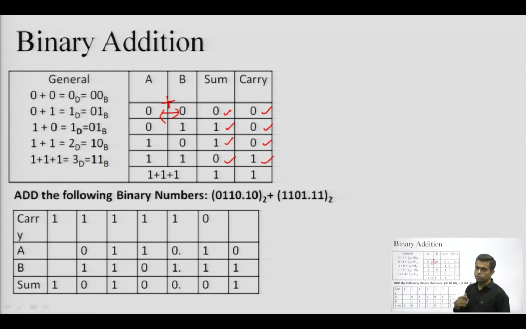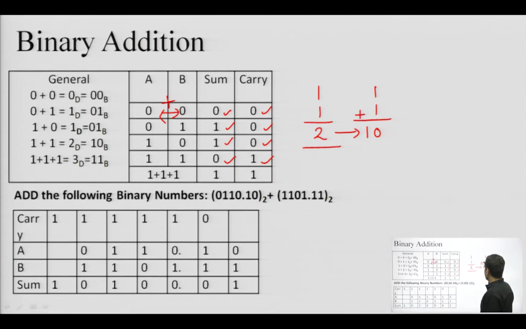Now, how is the sum 0 and carry 1? For this we can check that 1 plus 1 is 2 in decimal, and this 2 in binary is equivalent to 1 0. So, when 1 and 1 are added in binary, this is the sum part and this is the carry part. When this 2 is represented in 2 bits in the form of sum and carry, we get sum 0 and carry 1.